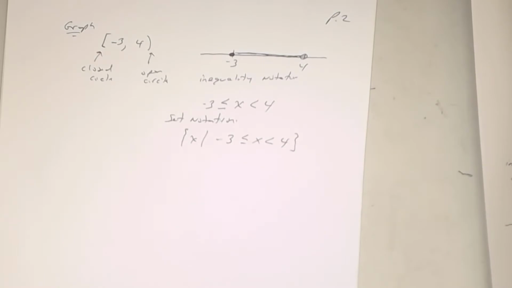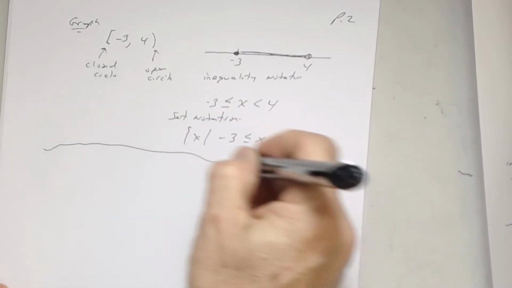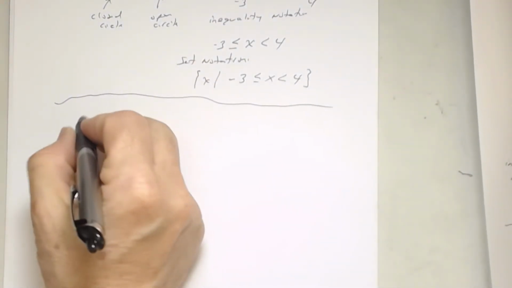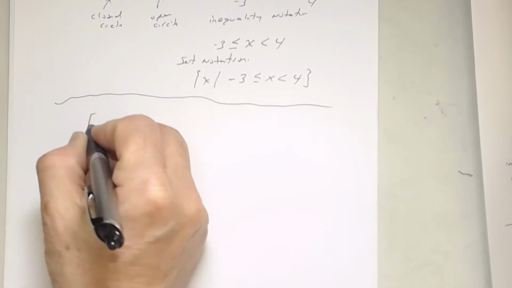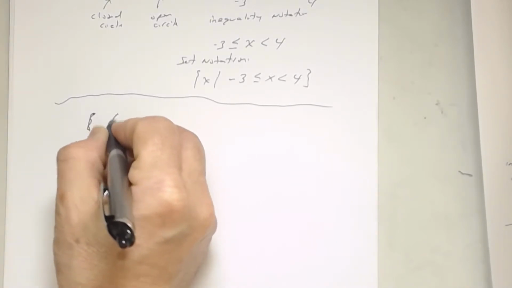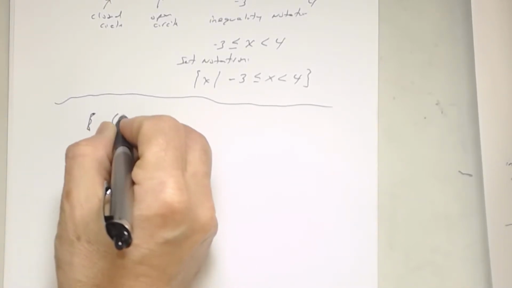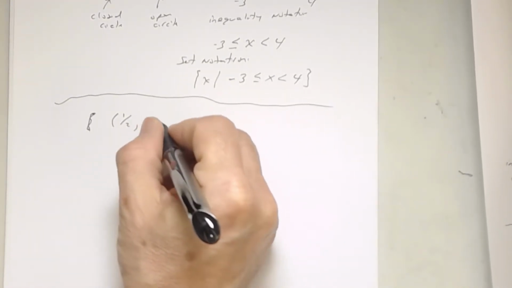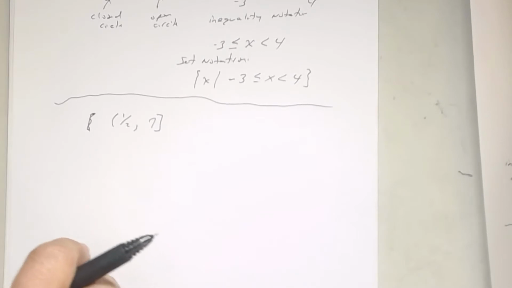Right. And then one more with that, and then we'll move on. So let's suppose you want to graph 1/2 all the way to, let's say, 7 with the bracket.